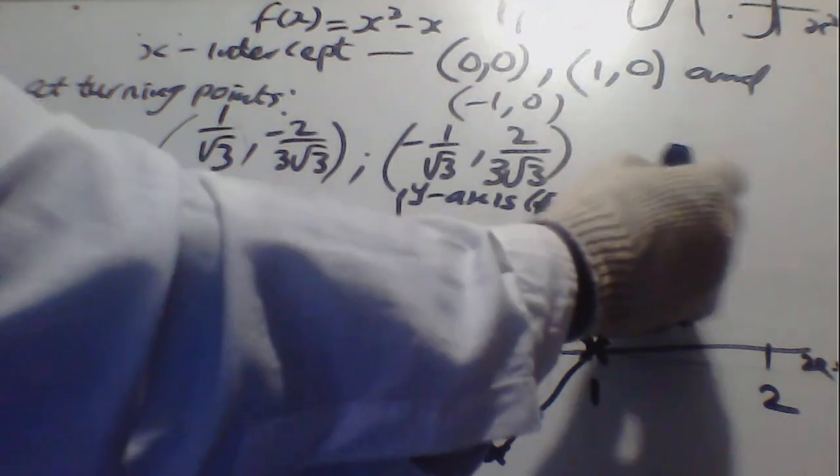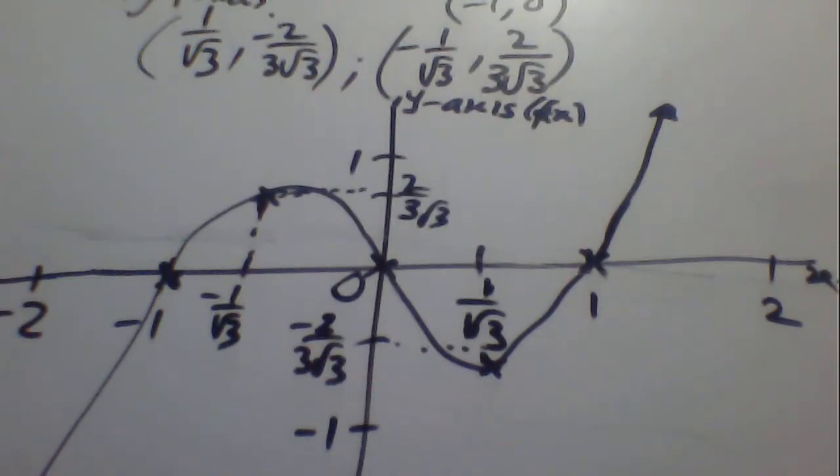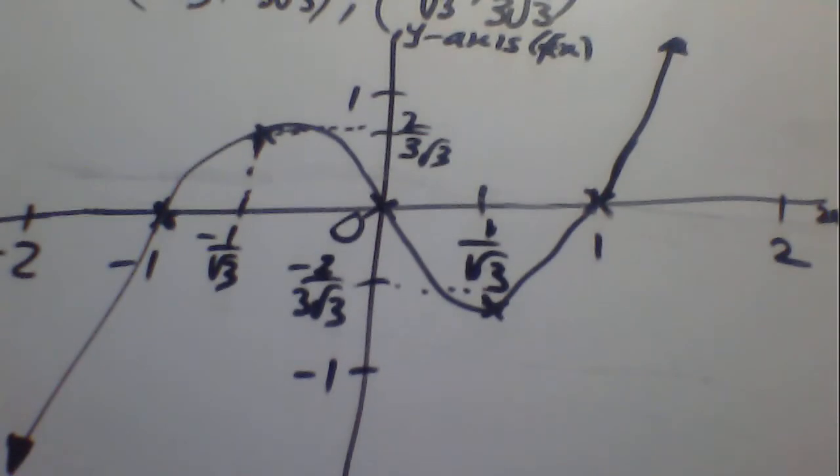So this is how the graph will look. This is the graph of the function f of x equals x raised to power 3 minus x.